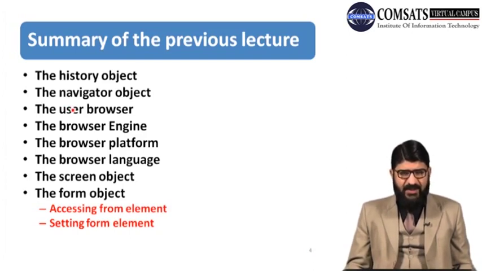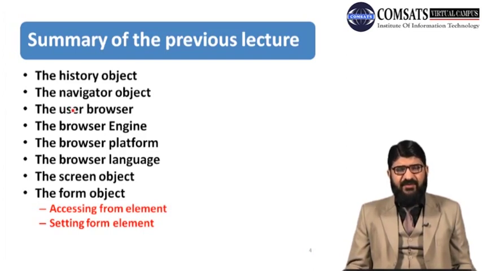The next is the user screen width. For that, there is avail width. The avail width is basically used to exclude the width of the taskbar from the user screen, and then give the remaining width information to the user.